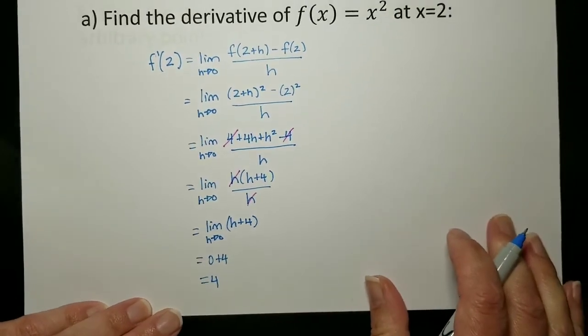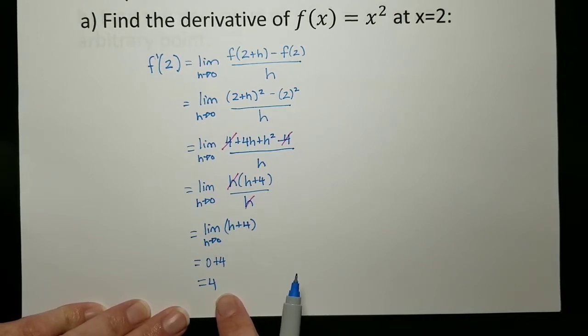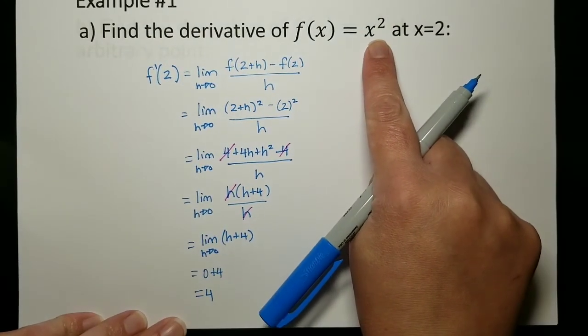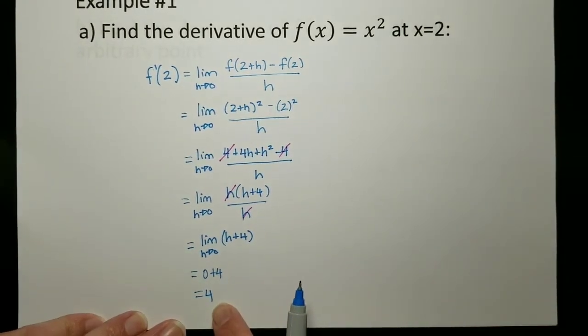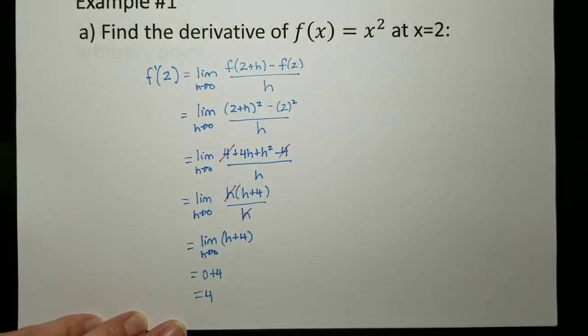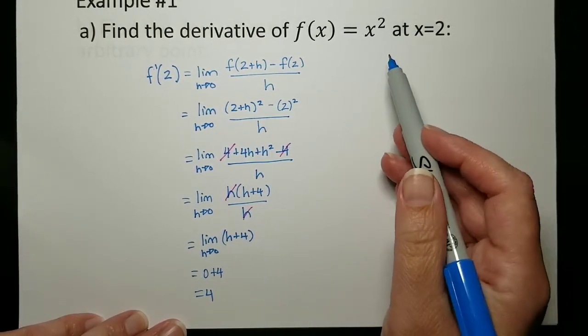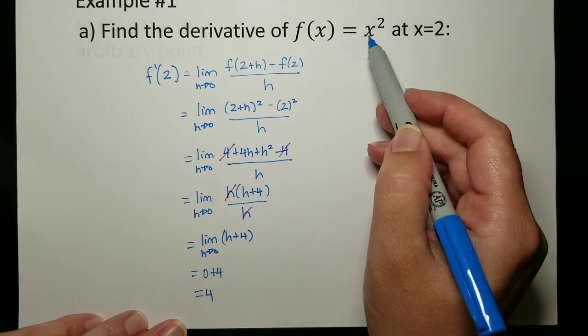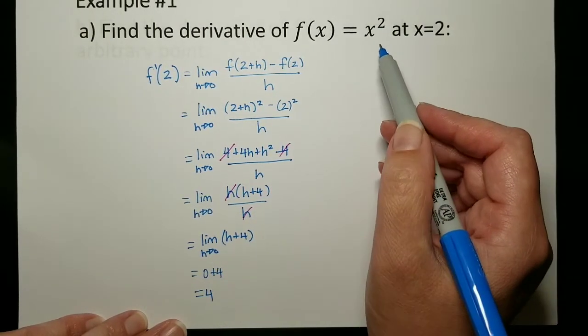That tells us that the slope of the tangent to y equals x squared at x equals 2 is 4. And you could have done that using the difference quotient, right? It would have been actually probably faster if you had just said, okay, what's 4.001 squared minus 4?